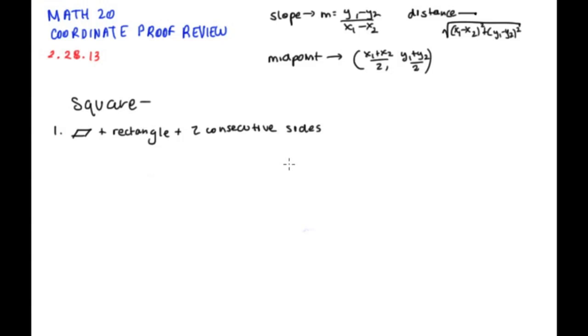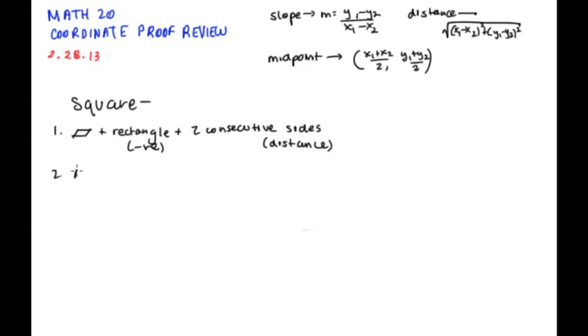I remember I did a video on that, and that took quite a while. And you have to find the distance of these two consecutive sides. Of course, the rectangle is negative reciprocal, and parallelogram, you use whatever you want.